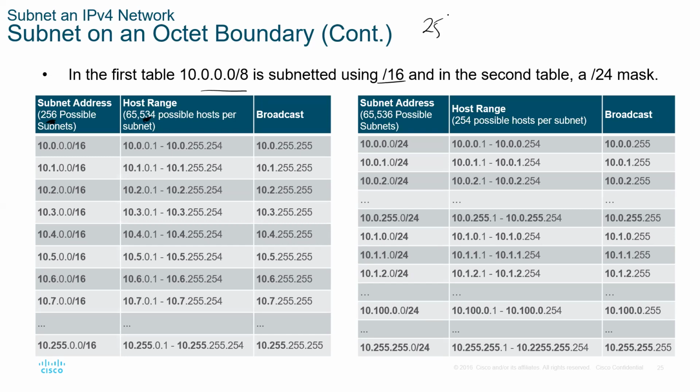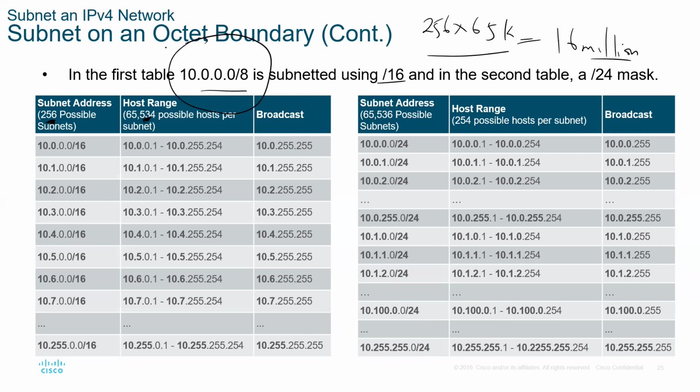If you multiply 256 by 65,000, let's just say 65K, this number should be very close to 16 million. Why? Because initially we had one network, this one, with 16 million users, 16 million addresses. Then we said, let's borrow bits.